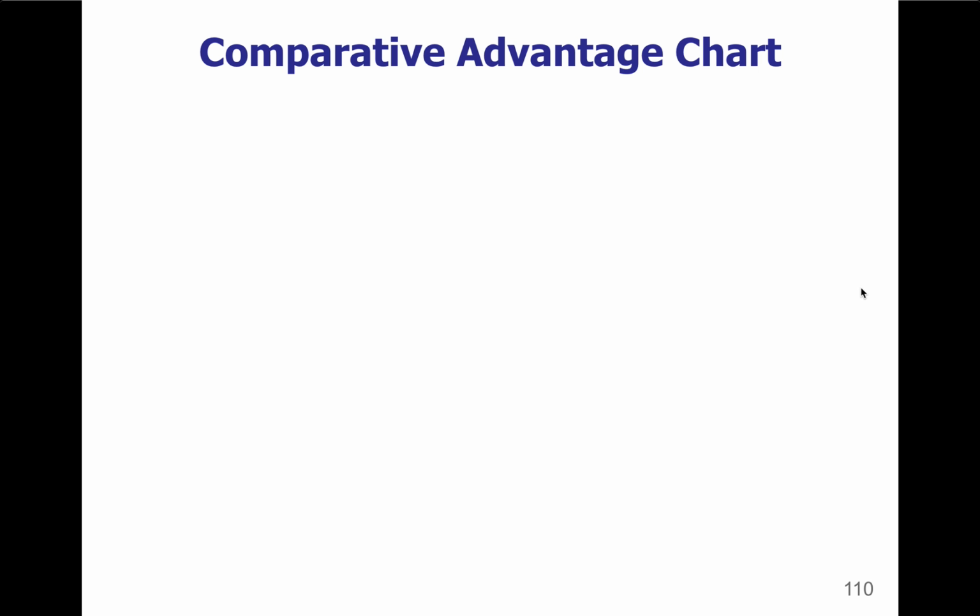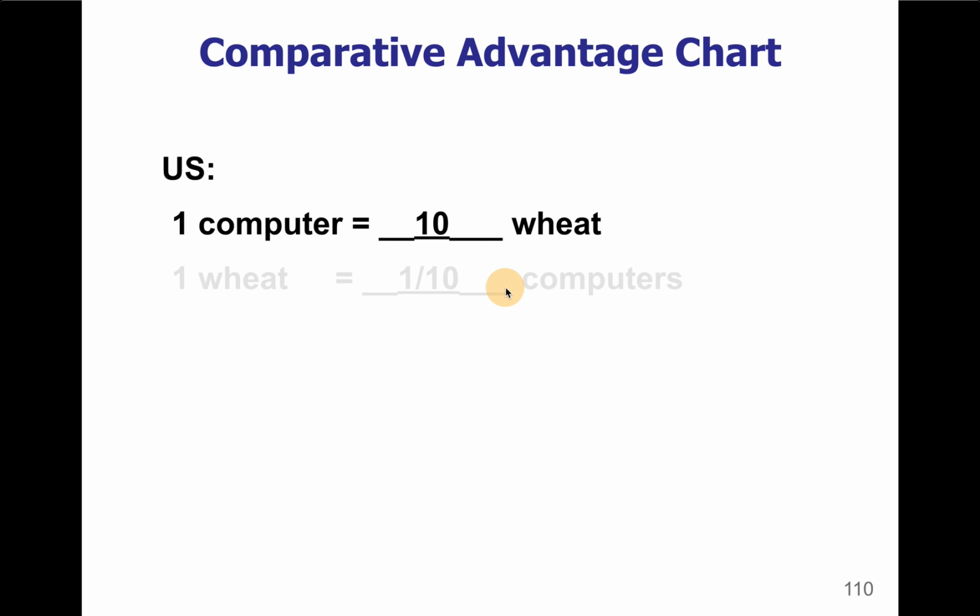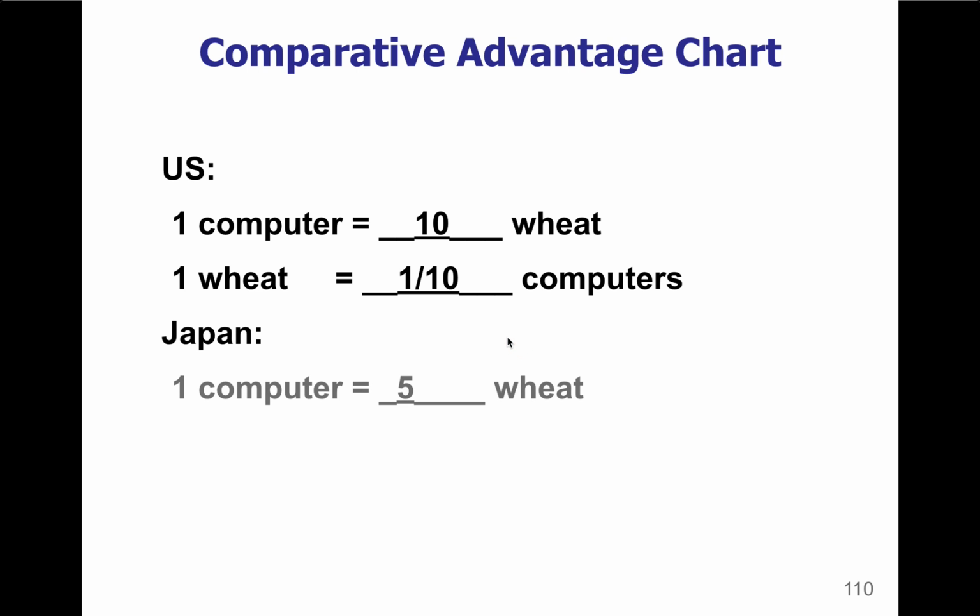You can also look at comparative advantage by making a chart. So for the United States, 1 computer equaled 10 tons of wheat, and that means 1 wheat equals 1/10 of a computer. This is always the reciprocal. That also means that in Japan, 1 computer equals 5 tons of wheat, and therefore 1 wheat equals 1/5 of a computer.